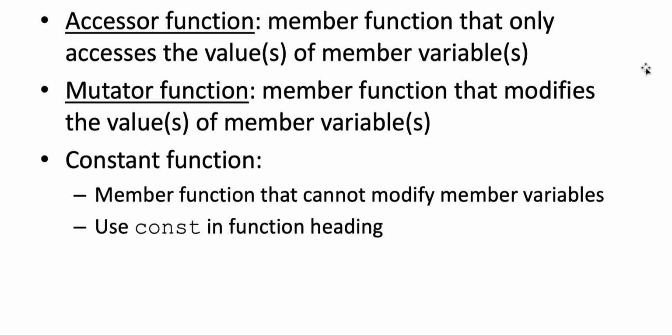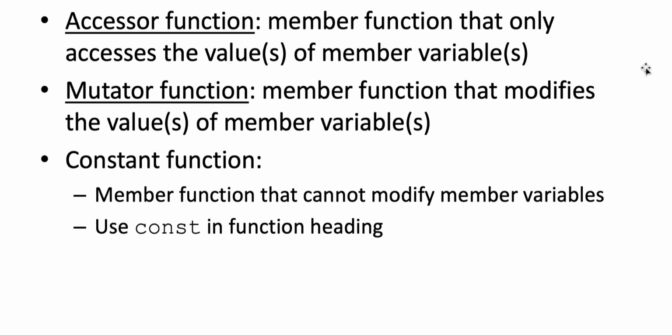This is typically true for any class. That is, every class has member functions that only access but do not modify member variables, called accessors, and member functions that modify the member variables, called mutators.